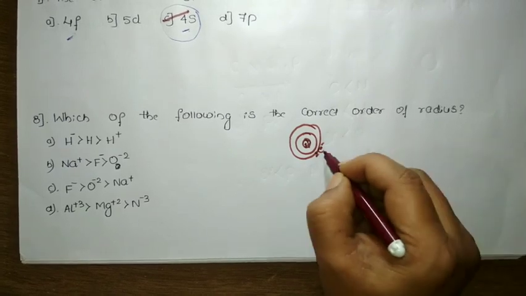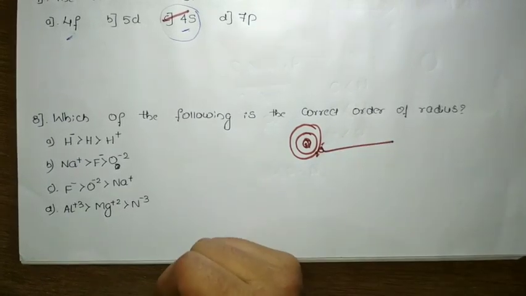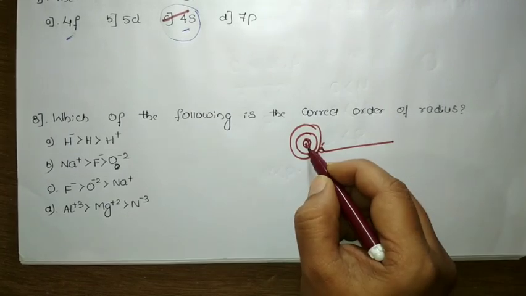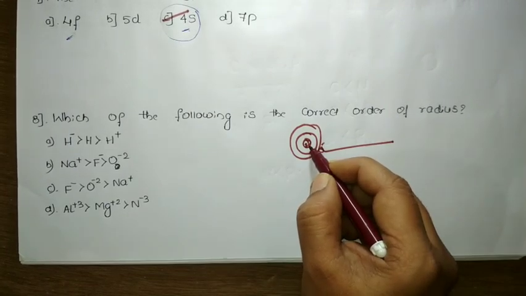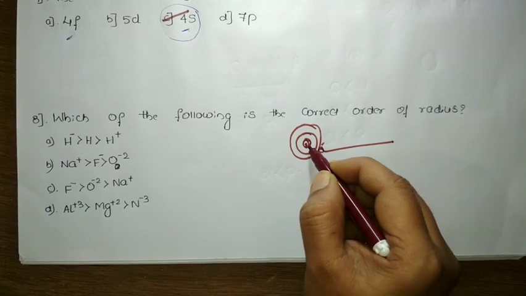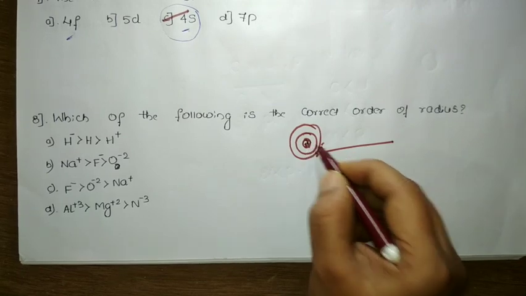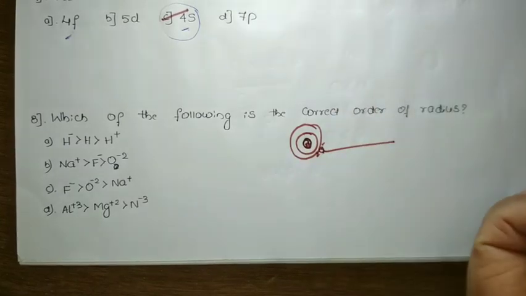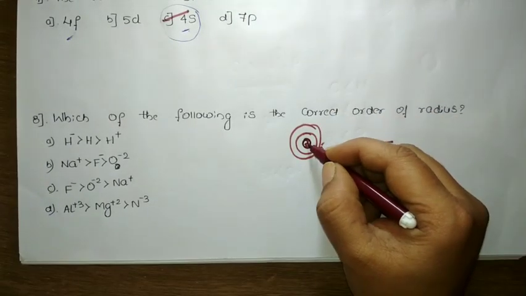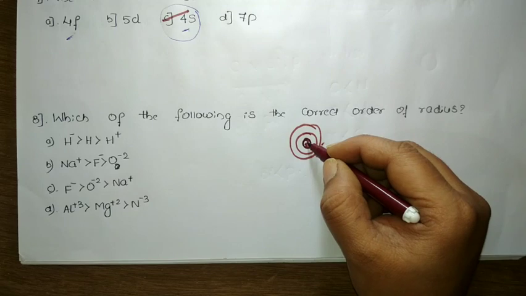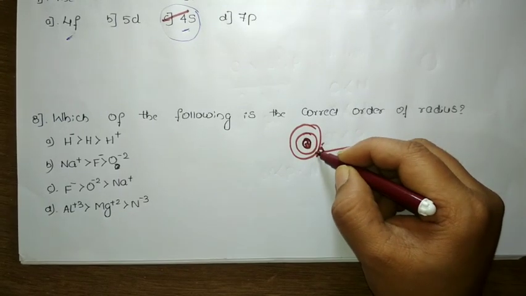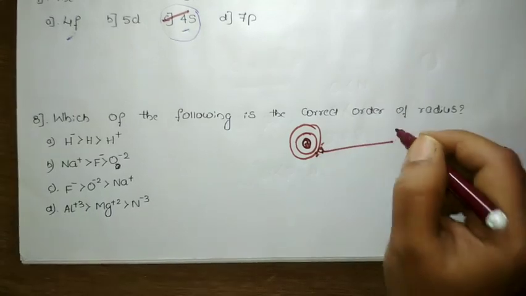So what I'll do, I'm going to remove 1 electron. When 1 electron has been removed, the number of protons remains the same. There is no change in the proton value. So compared to the positive and the negative value, the positive charge dominates. Means the positive charge, or the protons which are more in number, will start attracting the outermost electron which are less in number.